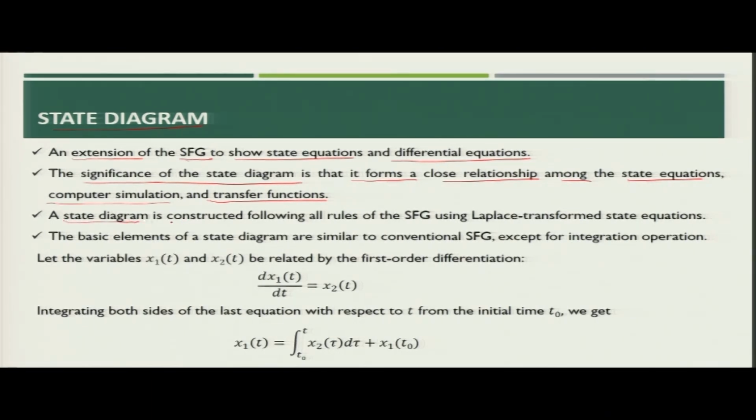Basically, the state diagram is constructed following all the rules of the signal flow graph, which we have seen till now, using the Laplace transformed state equation.